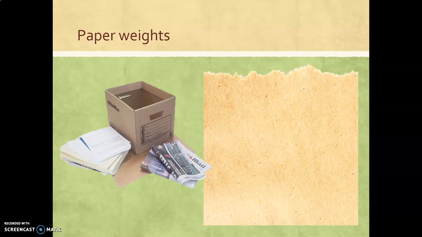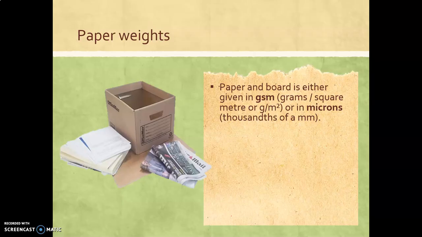Now let's talk about paper weights. I don't mean stones you put on your paper to stop them from flying away, but rather the fact that paper and board are given in GSM. That stands for grams per square metre. You can also write it as g/m². Or they're measured in microns, which are thousandths of a millimetre.